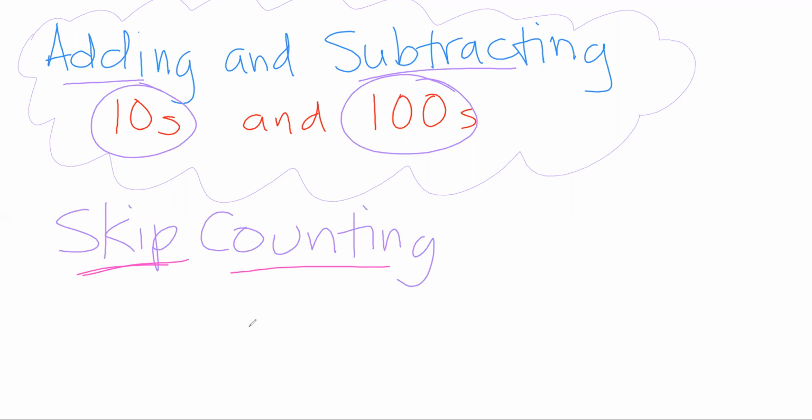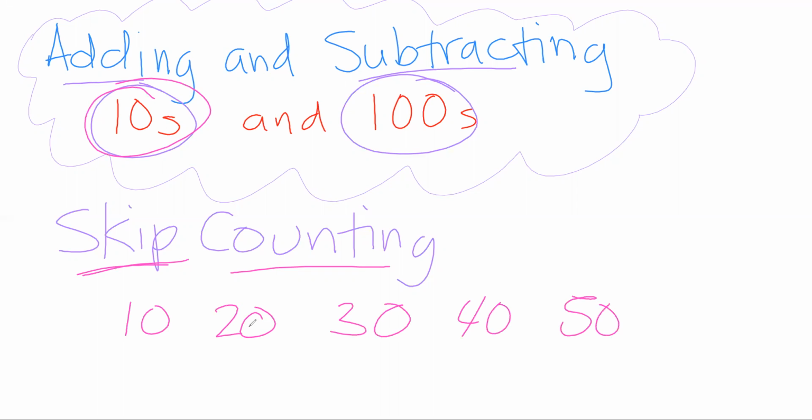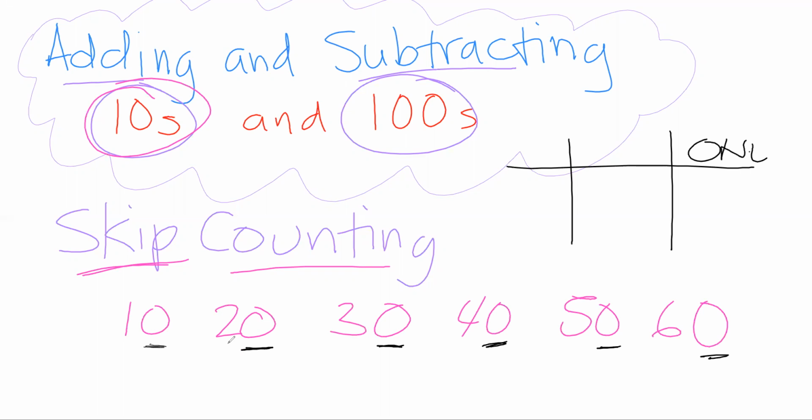We would call it the idea of counting by tens. If I had 10, 20, 30, 40, 50, and 60, my first observation is that every time I'm adding 10, my ones place does not change because I'm not doing anything with the ones place, right? And if we go back quickly to those place values, remember we have our ones, we have our tens, and then we also have our hundreds that we'll talk about.